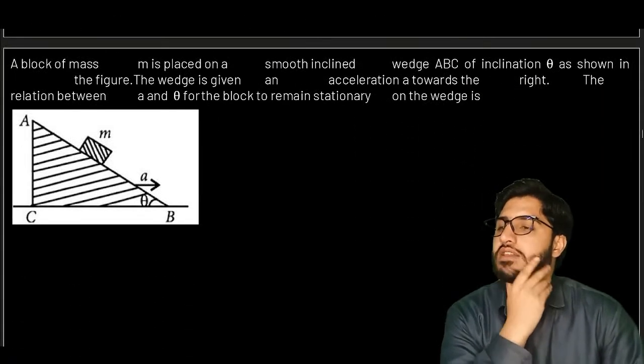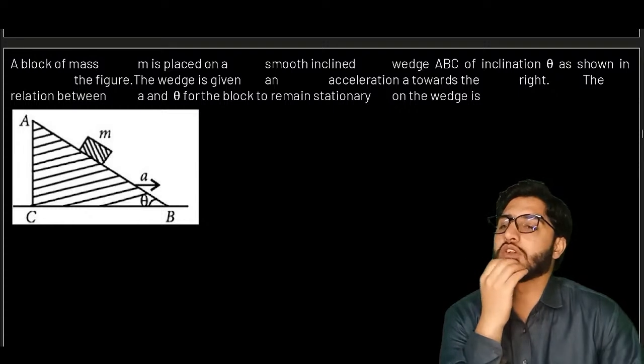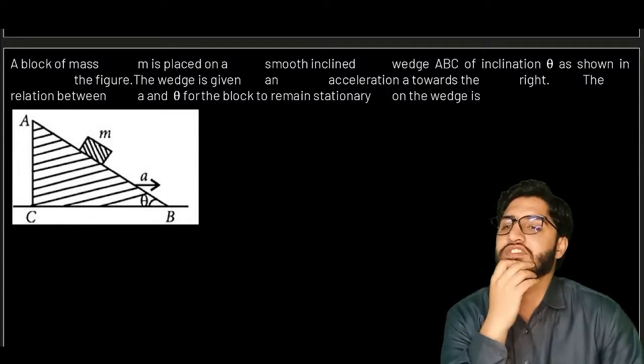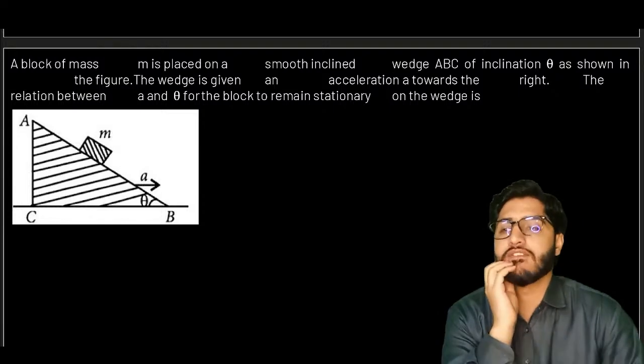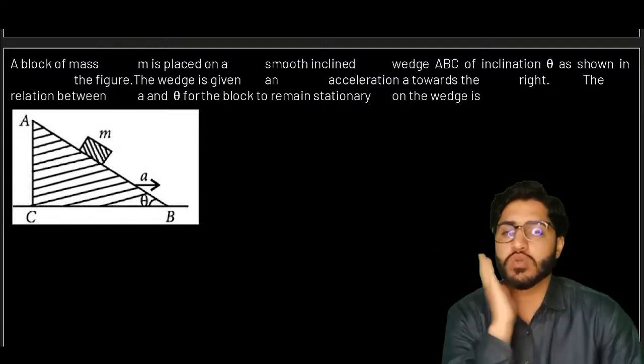Okay. The block of mass m is placed on a smooth inclined wedge ABC of inclination theta as shown in the figure. The wedge is given an acceleration A towards the right.